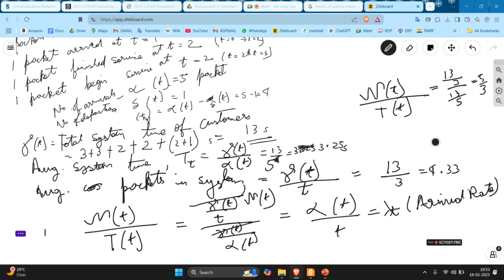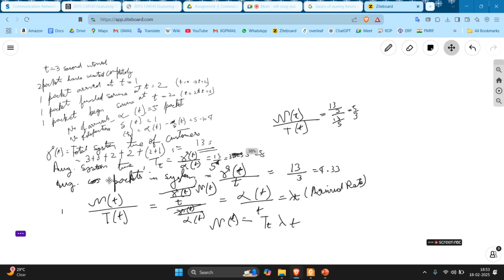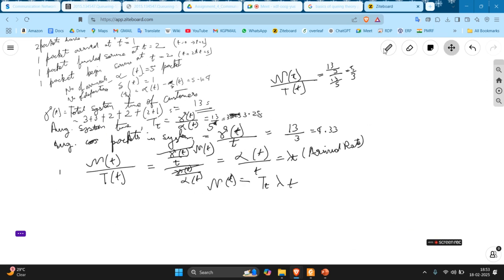So 5 by 3. And what is the arrival rate? 5 packets have arrived in 3 seconds, so the arrival rate is 5 by 3. So NT is equal to T into lambda T. This is the famous Little's theorem. Let us highlight this.